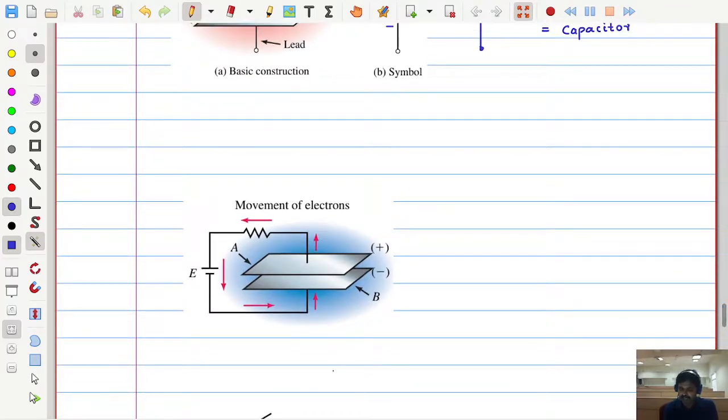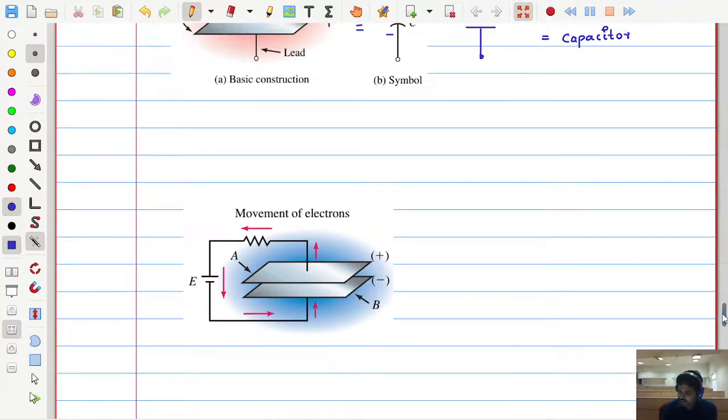These are the capacitor symbols, and let us understand the operation of the capacitor in a simple way with this diagram. If you observe the generalized property of metals, they are conducting materials. Metals are rich in free electrons.